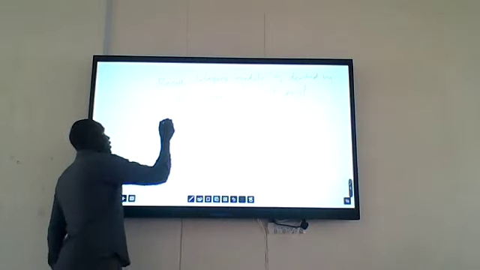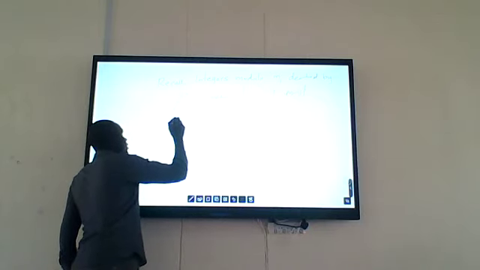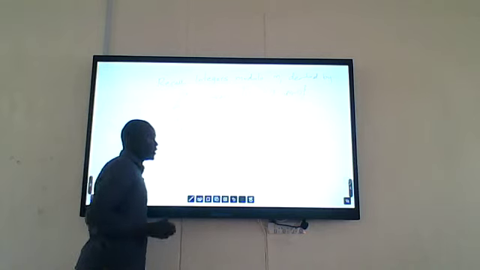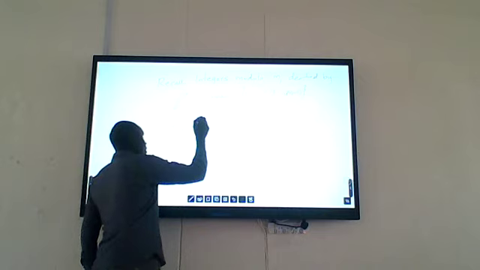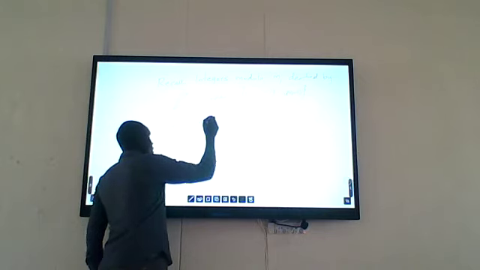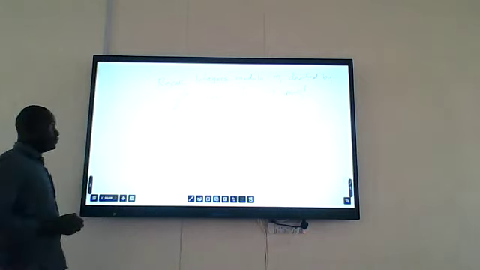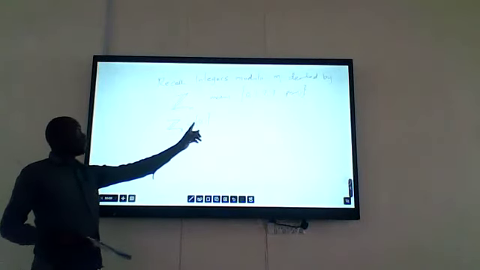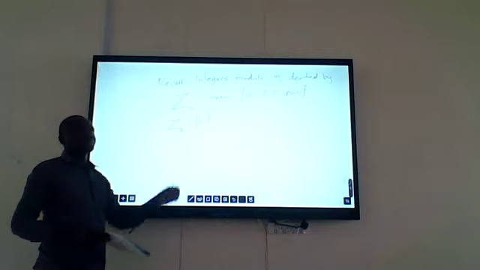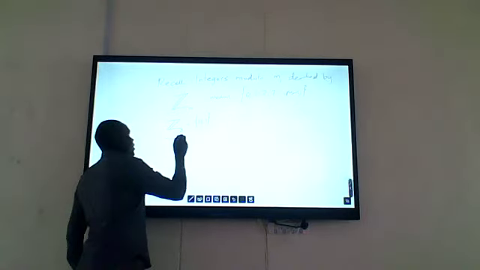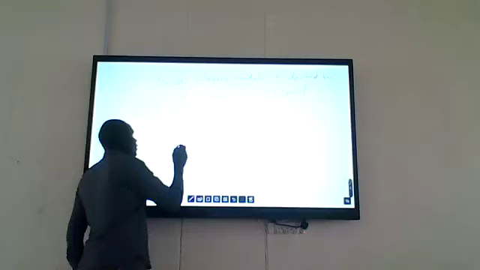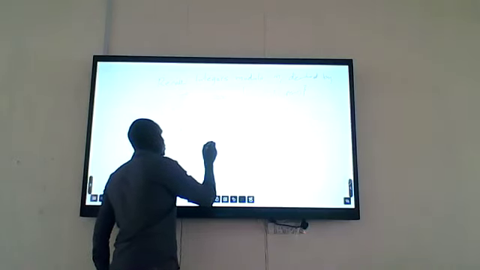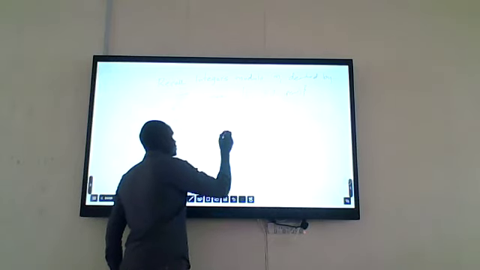So for example, integers modulo 2 means you are using 0 and 1. So all numbers, if you're working under modulo 2, will be represented by the digits 0 and 1. If you are working modulo 3, we'll have 0, 1, 2.